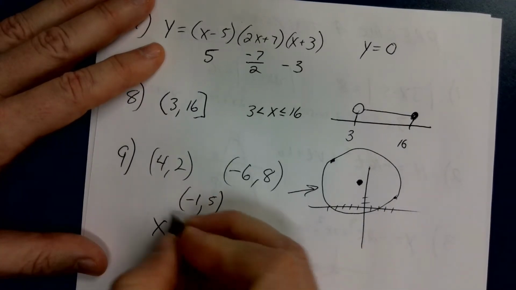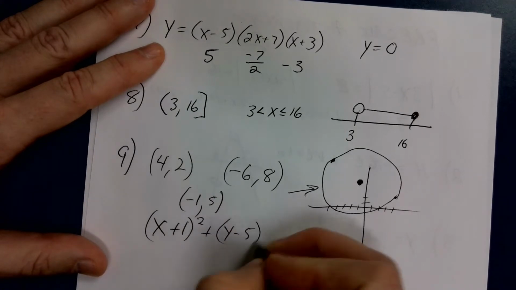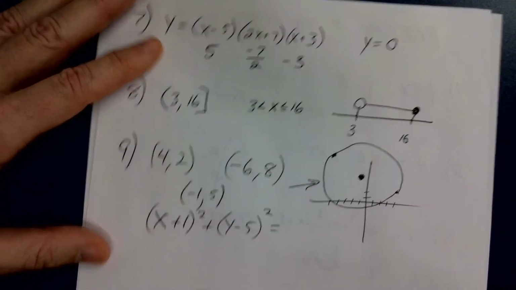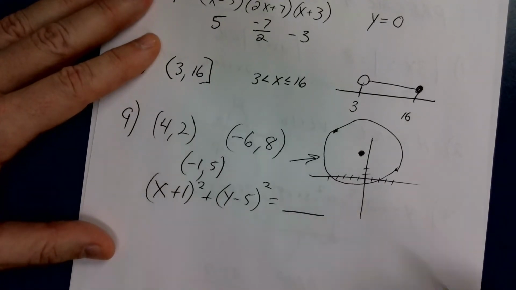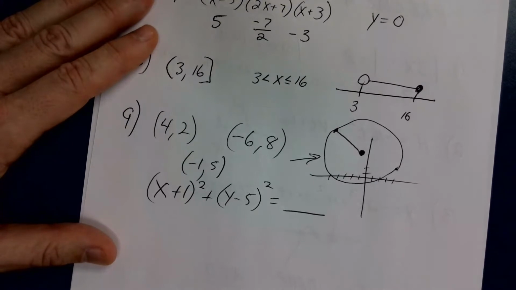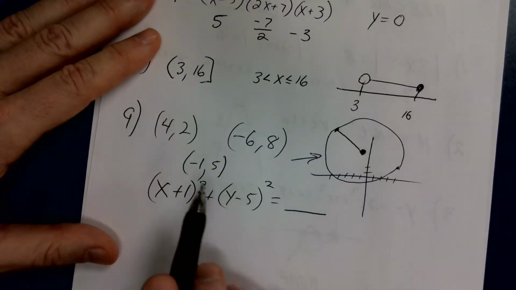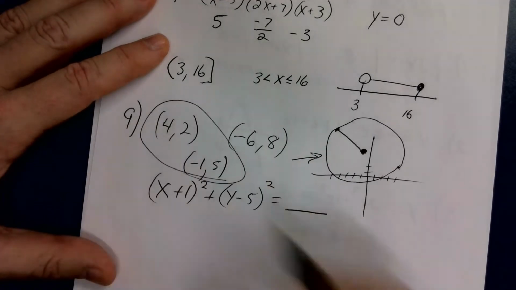So that means we go x plus 1 quantity squared plus y minus 5 quantity squared equals, and then whatever this is, the radius squared. Well, the radius is the distance from the midpoint to a point over there. So I'm going to take these two and use the distance formula.